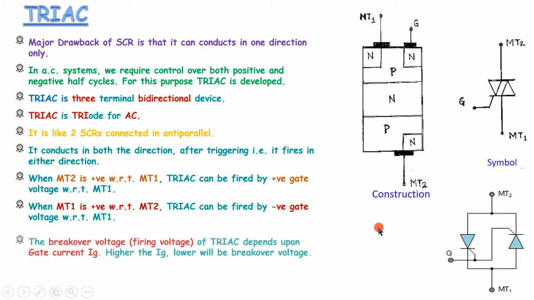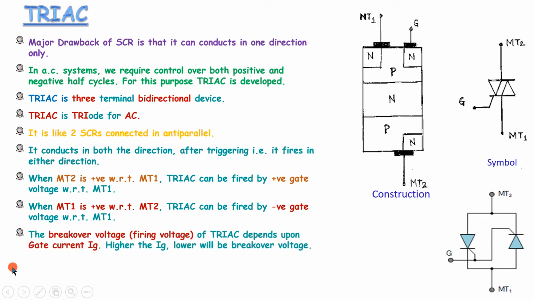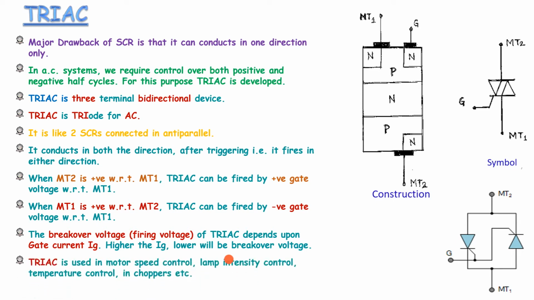What is interesting is that the breakover voltage of the TRIAC depends upon the gate current. The higher the gate current, the lower the breakover voltage. That's why this TRIAC has a lot of applications.